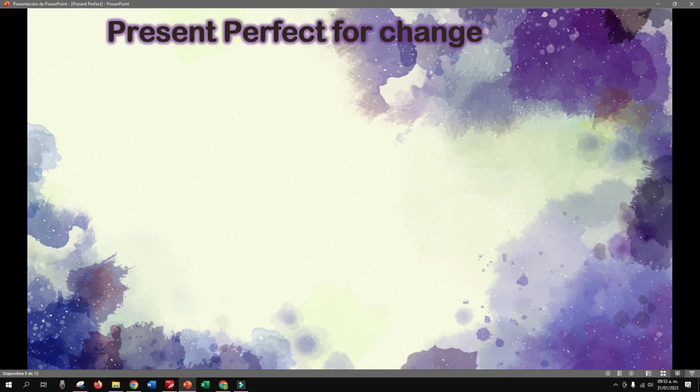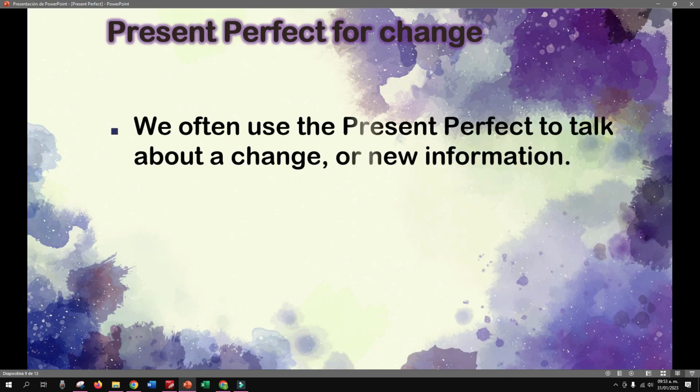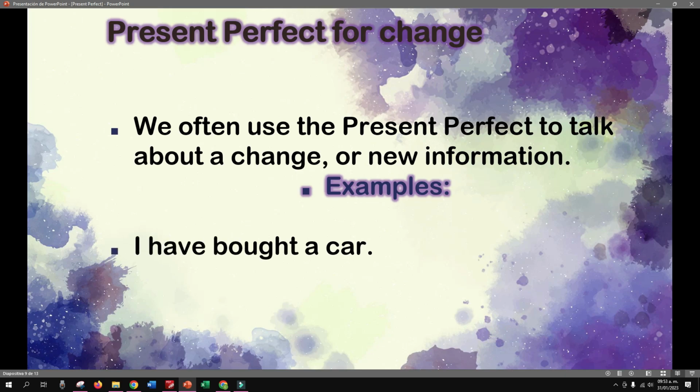Also, we have the present perfect for change. We often use the present perfect to talk about a change or new information. For example, you can say, I have bought a car.